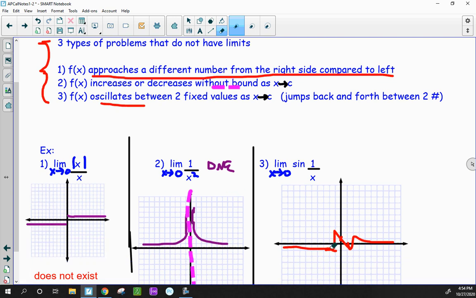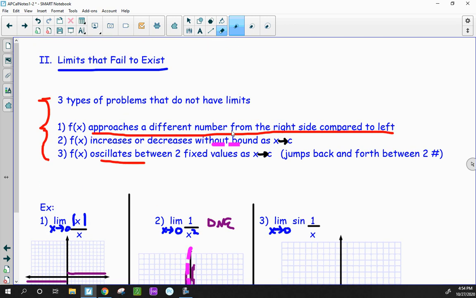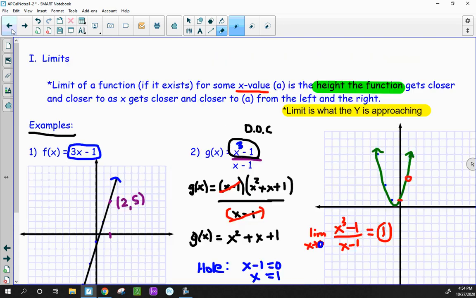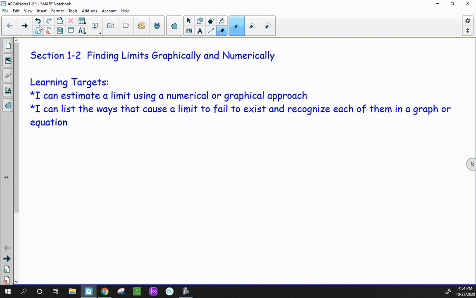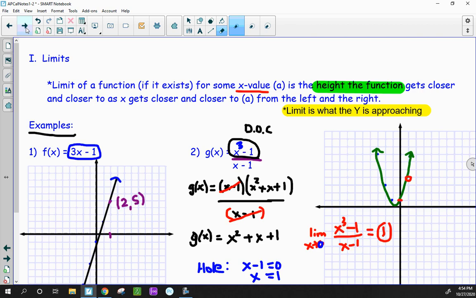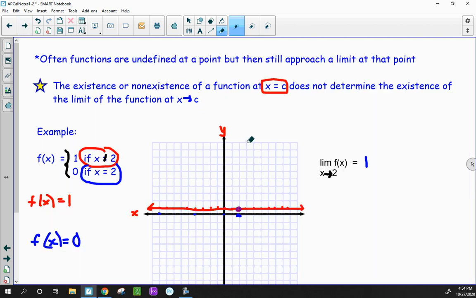And when the graph is jumping up and down between numbers, you can't give a defined answer for that one either. Hopefully that has helped clarify some issues we had in class last time, and we just didn't have enough time to finish.